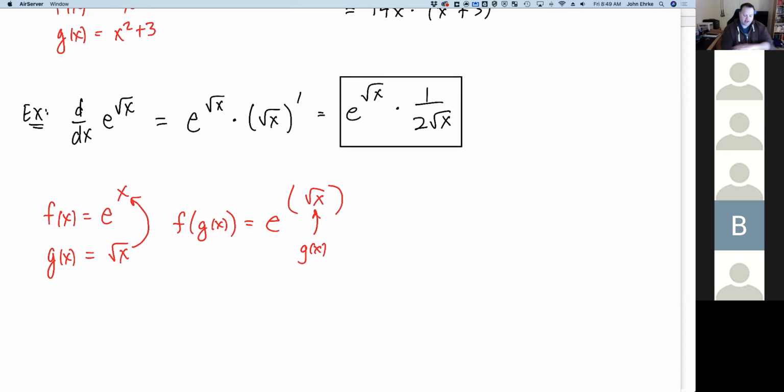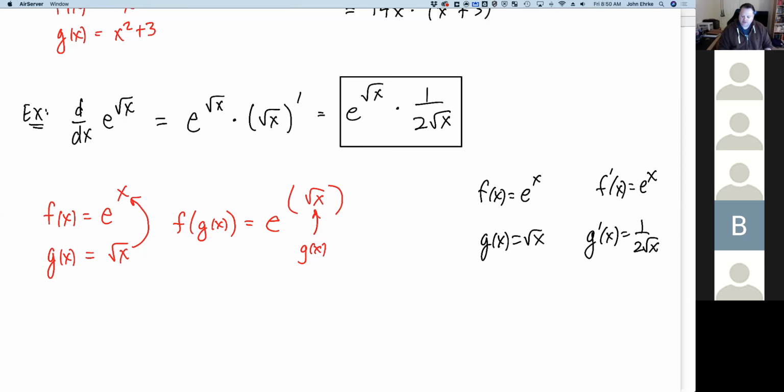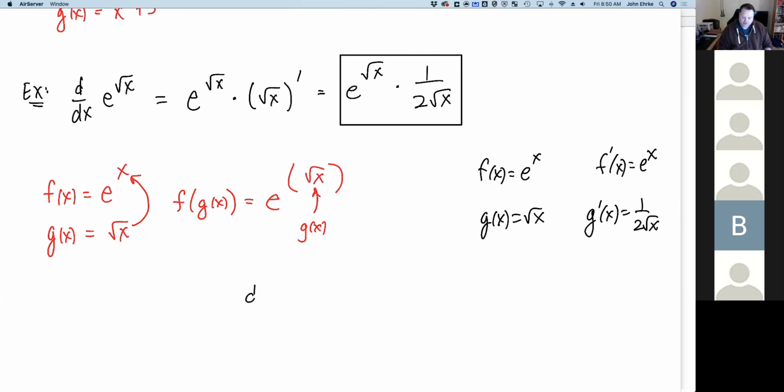If I was to break it down and diagram it for you a little bit better, maybe it would be helpful if I did this. You've got f of x is e to the x, g of x is square root of x. That means g prime is 1 over 2 square root x, and f prime is e to the x. So the rule says the derivative of f of g is f prime of g times g prime.